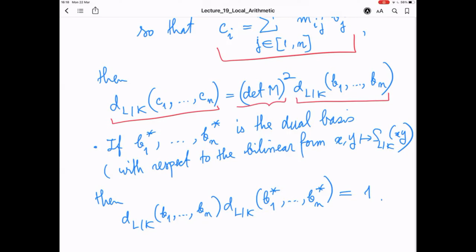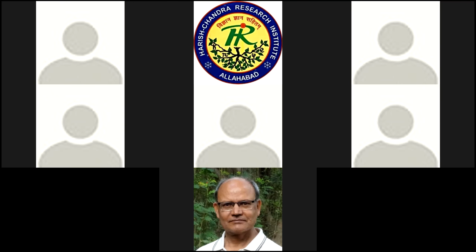That is that I can take the dual basis with respect to this bilinear form. And of course, then I have the discriminant of the dual basis as well. And you can verify that the product of the discriminant of the given basis and the discriminant of the dual basis is 1.